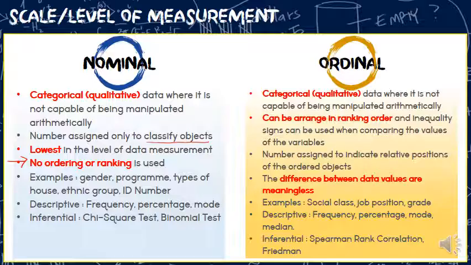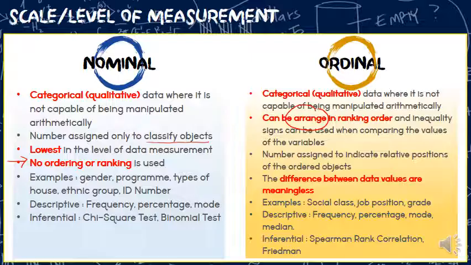The next scale of measurement adalah ordinal scale. Ordinal scale ni sama macam nominal tadi. Dia adalah kualitatif, cuma bezanya it can be arranged in ascending or descending order.